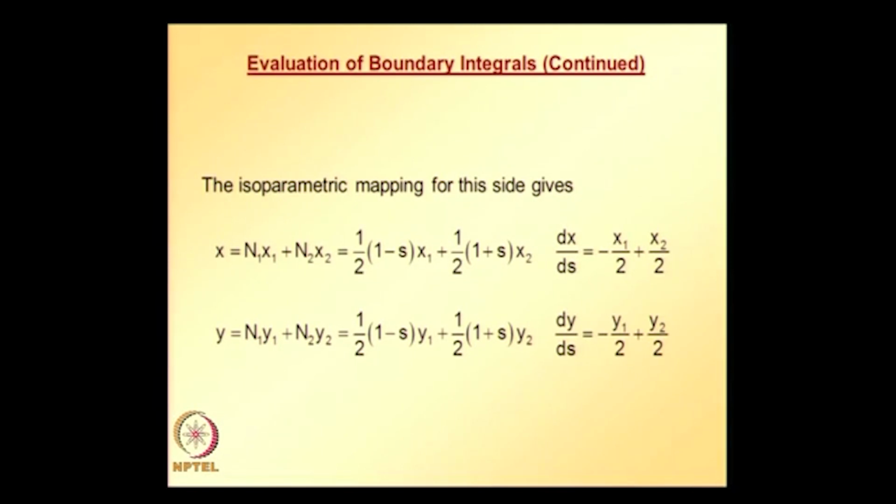Please note that we are doing all this because we require to find the relationship between a differential element taken along a side in the actual element domain and a differential element taken along each of the sides in the parent element.